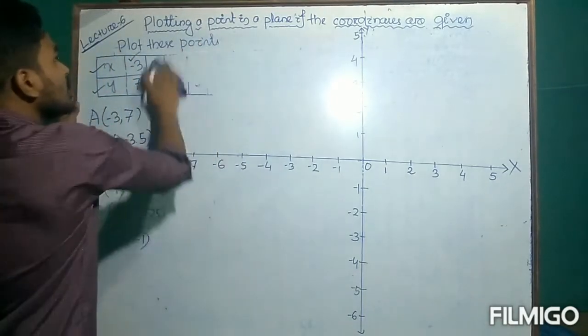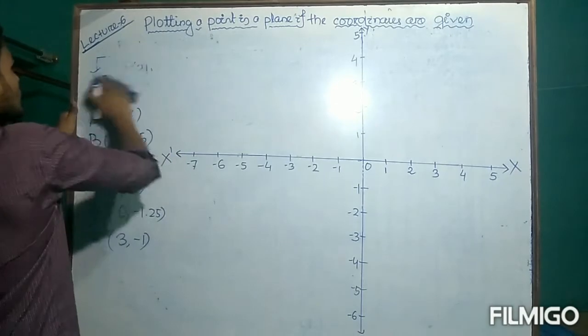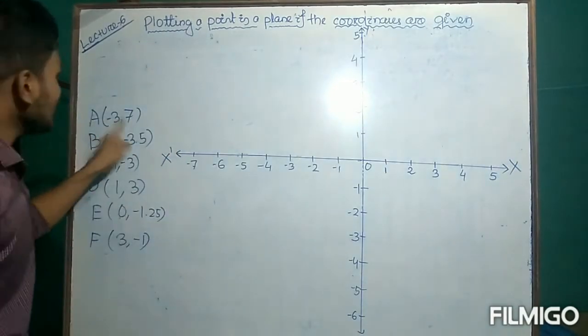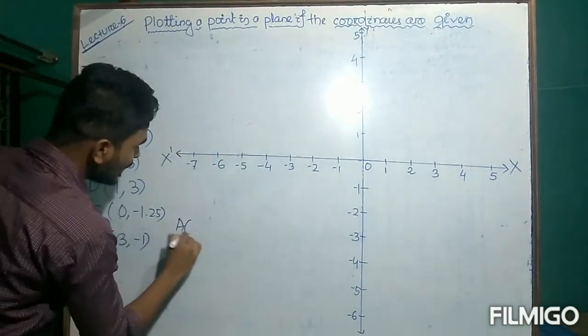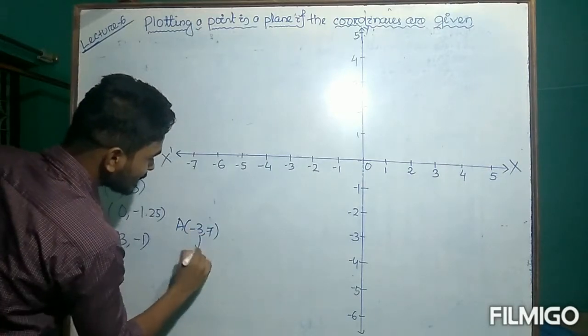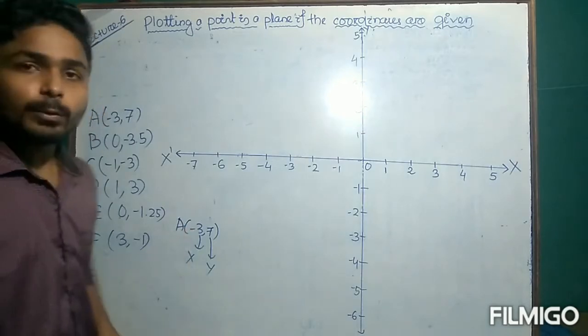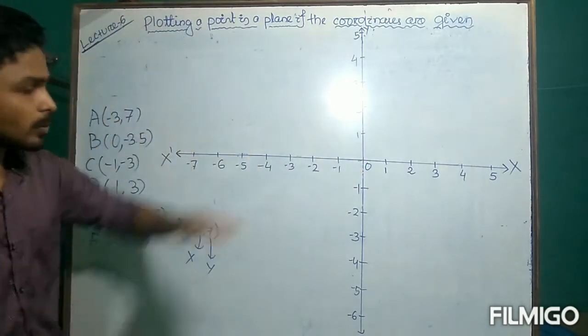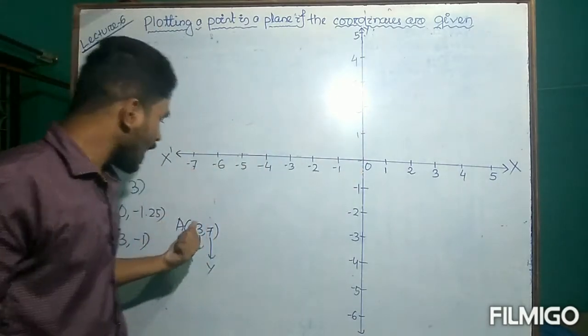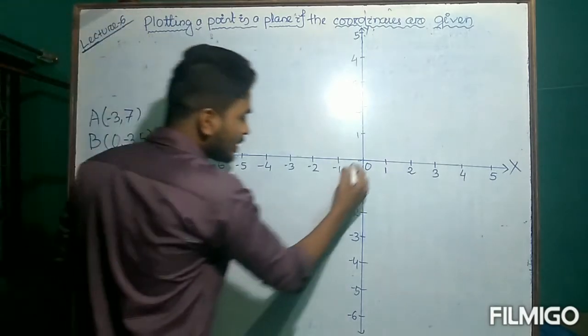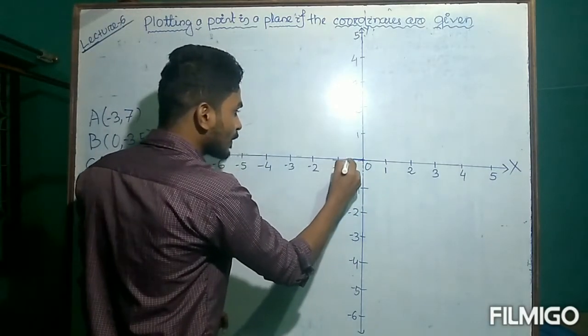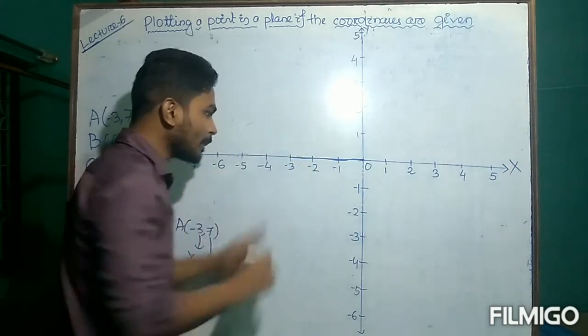So we start with the first point, minus 3, 7. Again, this is the x coordinate and this is the y coordinate. Since the x coordinate has a negative value, you have to move towards the left-hand side, the negative direction of the x-axis, up to 3 units. So start your journey from the origin, move in the negative direction, and reach minus 3.